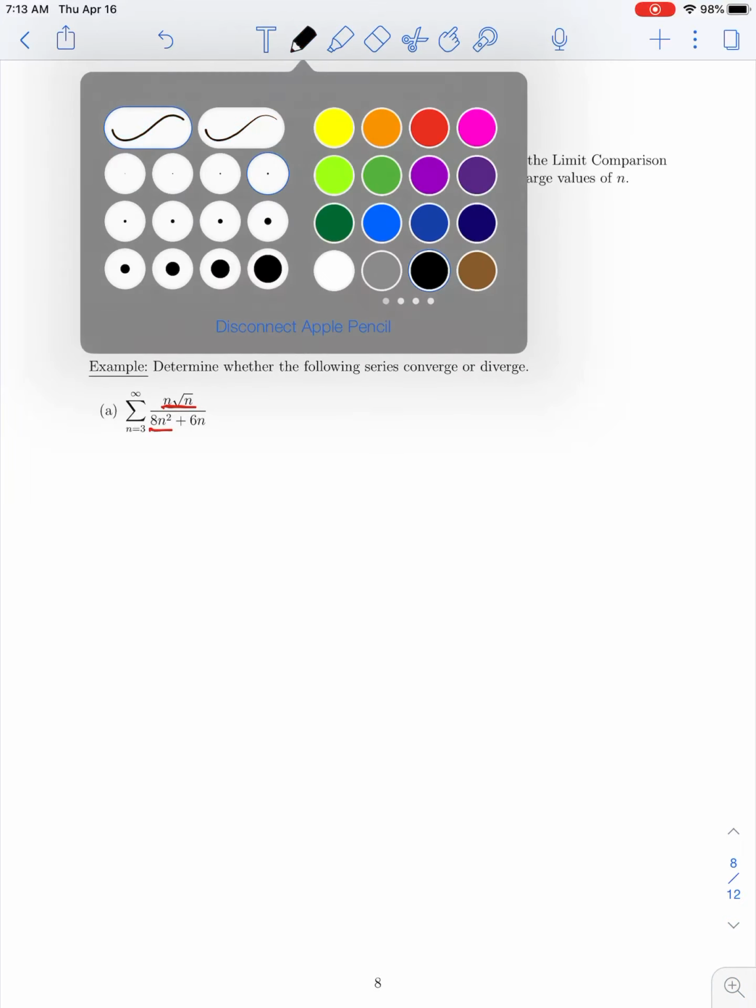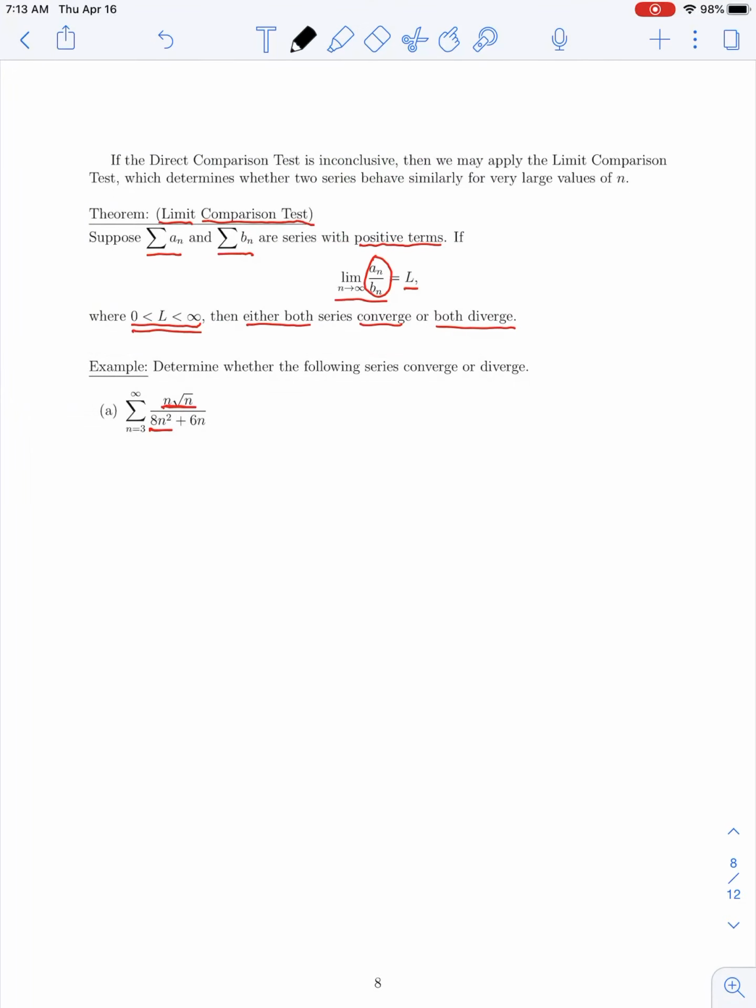So if we were to consider that ratio of the highest powers of n, let's try to compare with the sum, say from 3 to infinity, of n to the 3/2 over n squared, which would simplify to the sum from 3 to infinity of 1 over the square root of n, which we know is a p series which diverges.